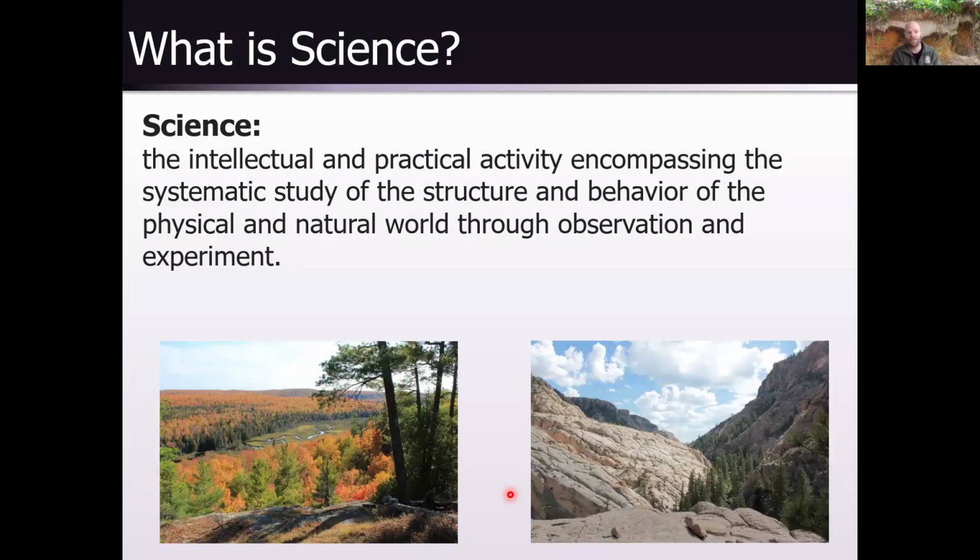So what is science? Science is the intellectual and practical activity encompassing the systematic study of the structure and behavior of the physical and natural world. As you'll see in future slides, we use observation and experimentation to better understand this systematic and structural behavior.